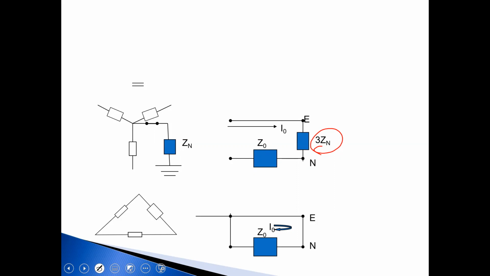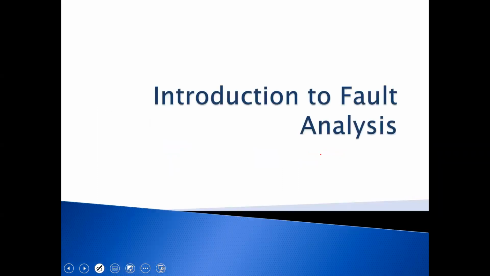So if we have a fault in a particular section of the network, when it comes to the delta winding of your transformer, then the zero sequence will not move across that path or that winding of the transformer to the rest of the network. So you're able to segment the network using your star delta as far as the flow of zero sequence is concerned. But as I said, you will explore that in a lot more detail in your fault lab.